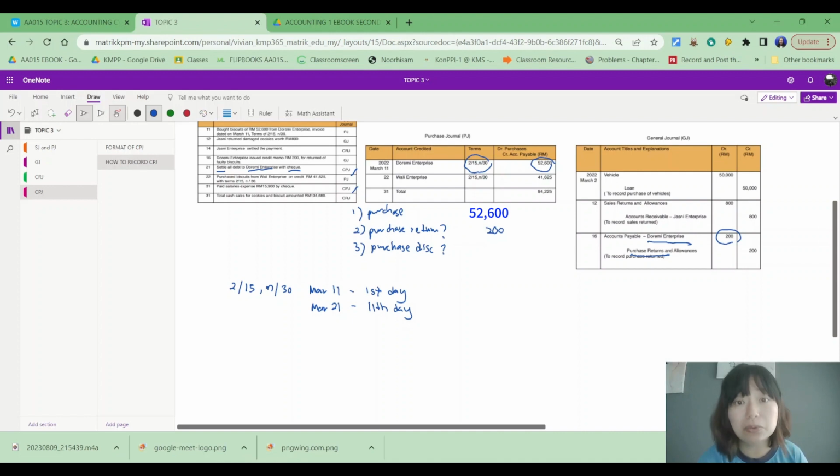Okay, adakah kita layak untuk dapat purchase discount yang diberi oleh supplier? Supplier kata janji dalam masa 15 hari. Okay, therefore, we are eligible. Layak ya. So, we are eligible to get 2% discount.